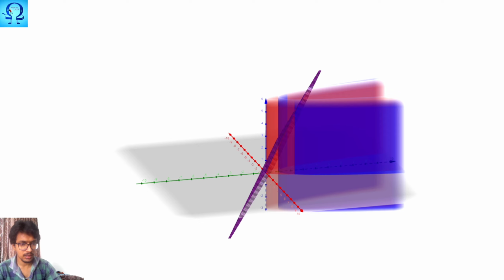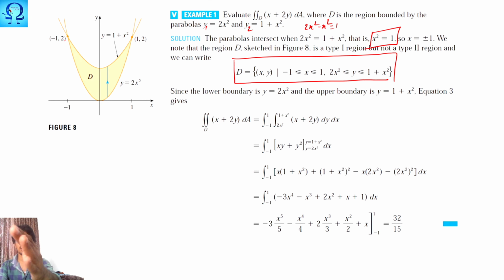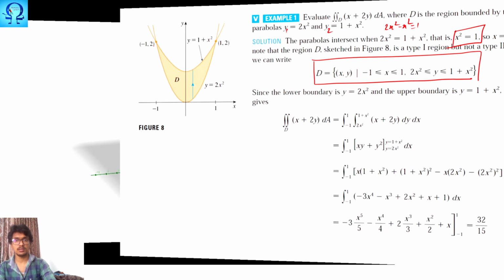So here let me try and plot the common region. This is in 3 dimension. Okay, that you can see, I hope. Okay, you have something like this. So this is the volume of this region only that you are finding. So that is what is done just by doing the integration. So this is the idea behind these things.